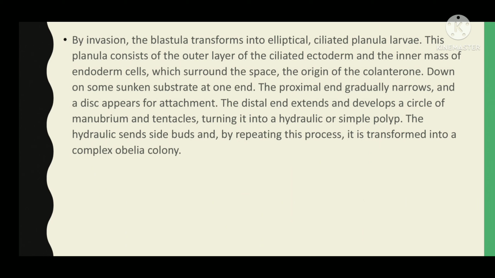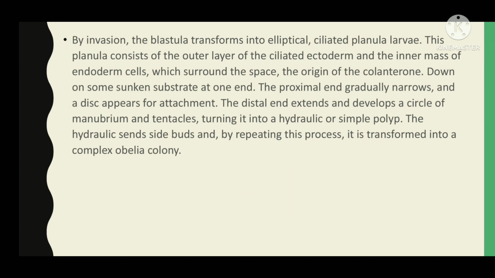The planula consists of an outer layer of ciliated ectoderm and an inner mass of endoderm cells enclosing a space, the rudiment of coelenteron. The planula swims freely for a brief period and settles down on some submerged substratum by one end.